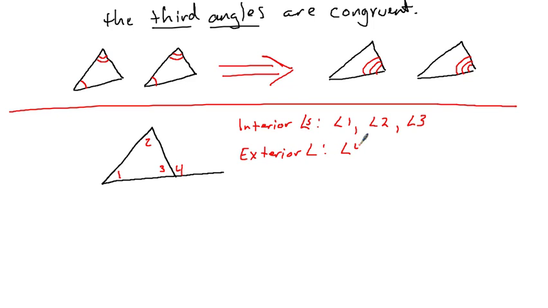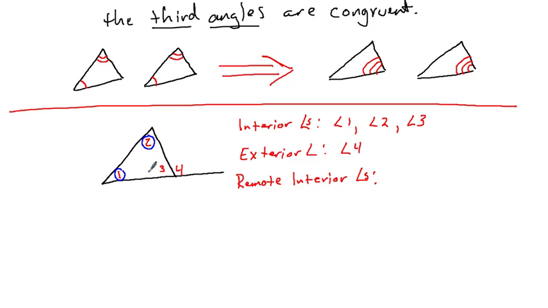There is an exterior angle, that's angle 4. And then there's a third kind that's a little difficult to see in more challenging pictures, but it's pretty easy here. There are remote interior angles. And in our specific picture, the remote interior angles are angle 1 and angle 2. And the word remote means far away from or not next to.